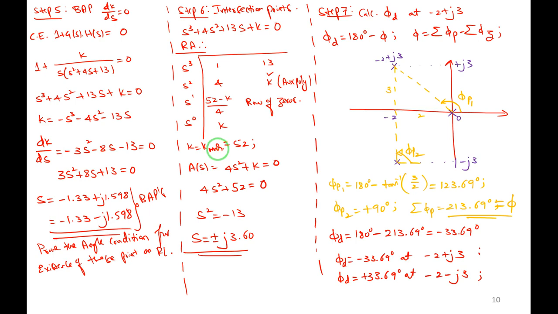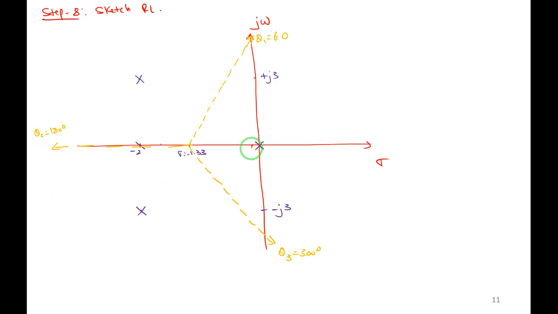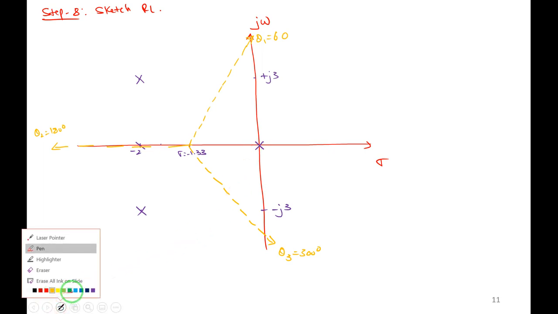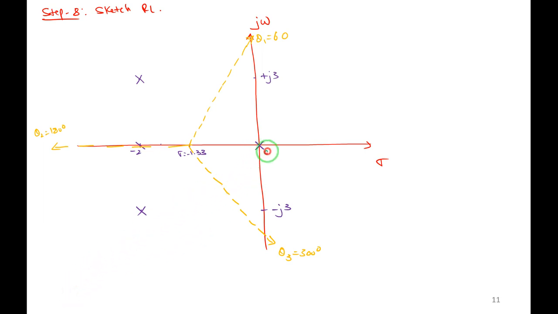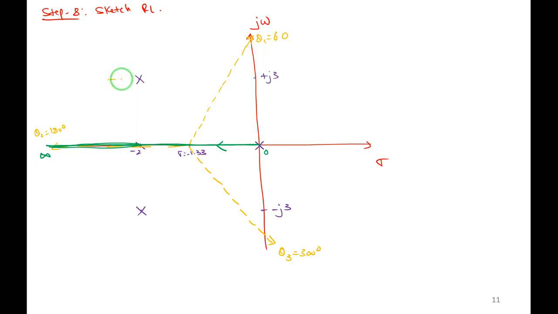Then the root locus. From 0, one of the branches will go towards infinity. This is the direction of that branch. Another branch will start here, but the angle of departure is there. Let me draw that angle of departure here, taking a horizontal line for reference so that I can measure.